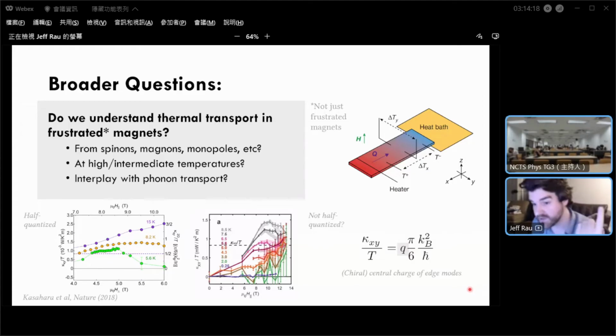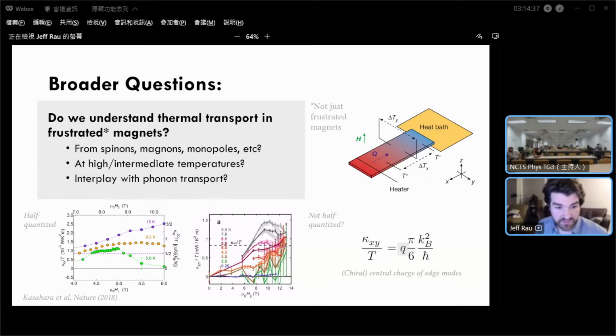For a single Majorana, that would be a half. And so you'd actually get a half quantized response in the thermal Hall. This would be the biggest smoking gun you would look for. It's very difficult in anything conventional to get a half quantized response.